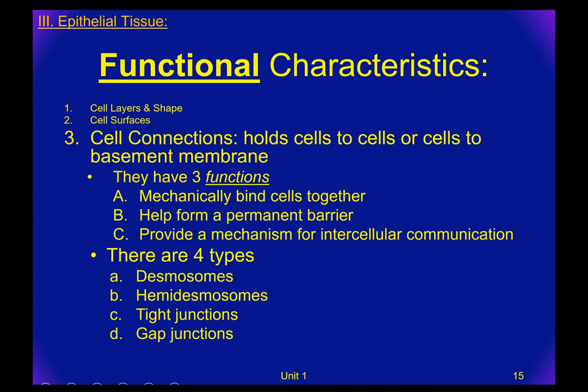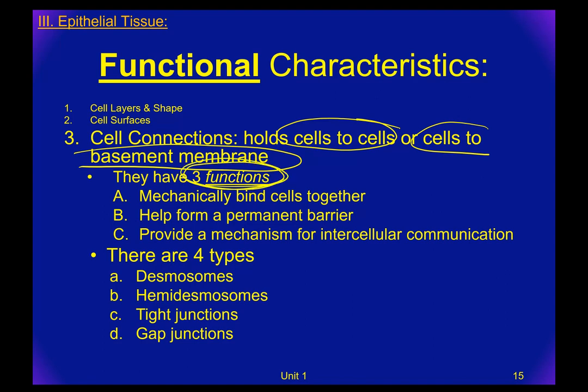Now let's talk cell-to-cell connections. These are either going to hold the cells to each other or the cells to the basement membrane. So I'm either holding on to my neighbor or I'm holding on to the thing that's keeping me attached to the body. They have three functions. They can bind the cells to each other.